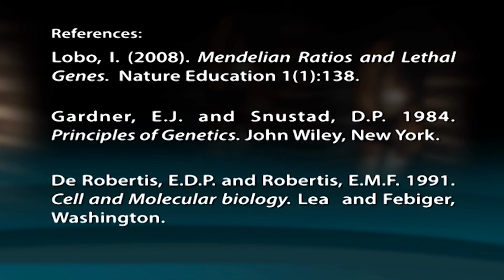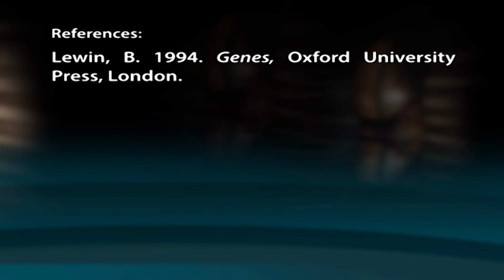Third book is entitled Cell and Molecular Biology, written by De Robertis and De Robertis in the year 1991 and published by Lea and Febiger, Washington. Fourth book is entitled Genes, written by Lewin in the year 1994 and published by Oxford University Press, London.